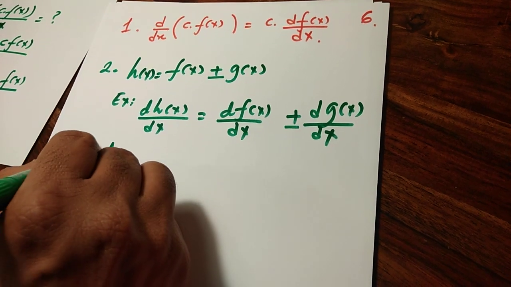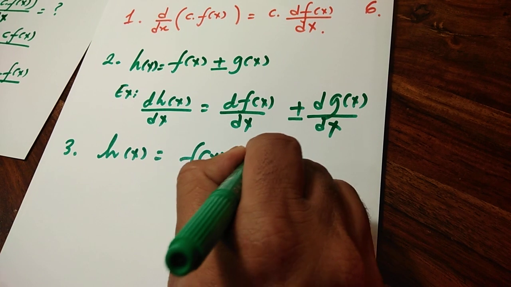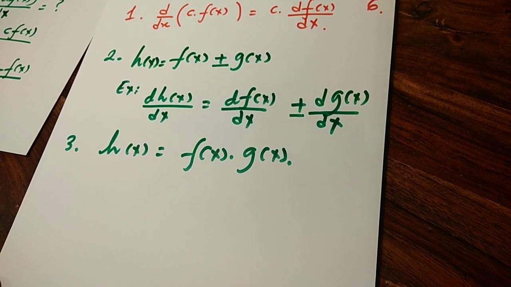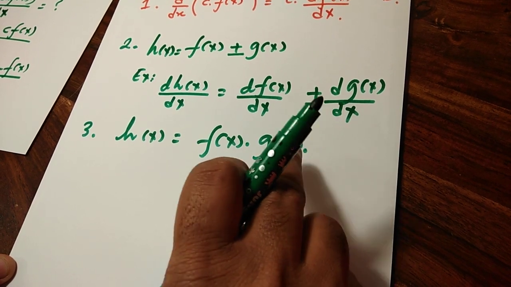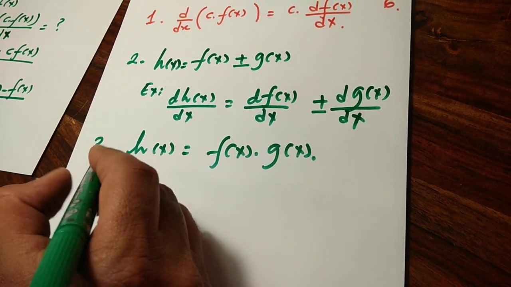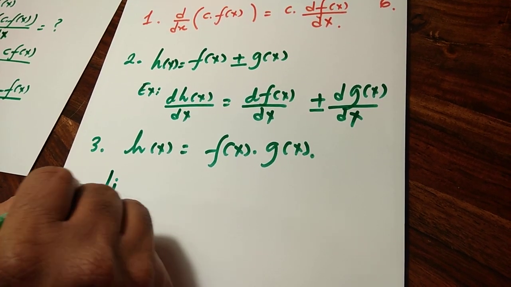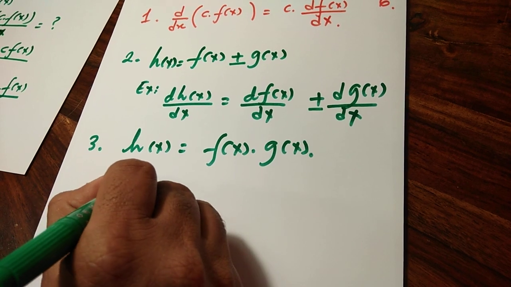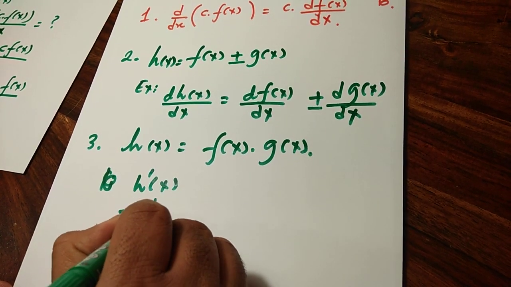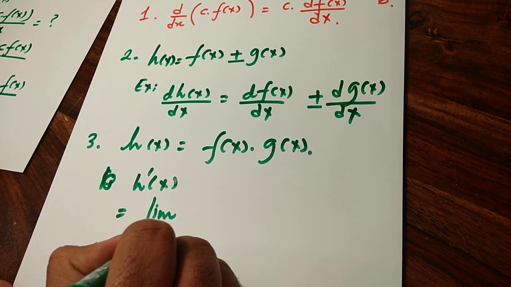Let's look at this. I'm going to take the derivative of this product. That will be h prime of x, the limit as h goes to 0.